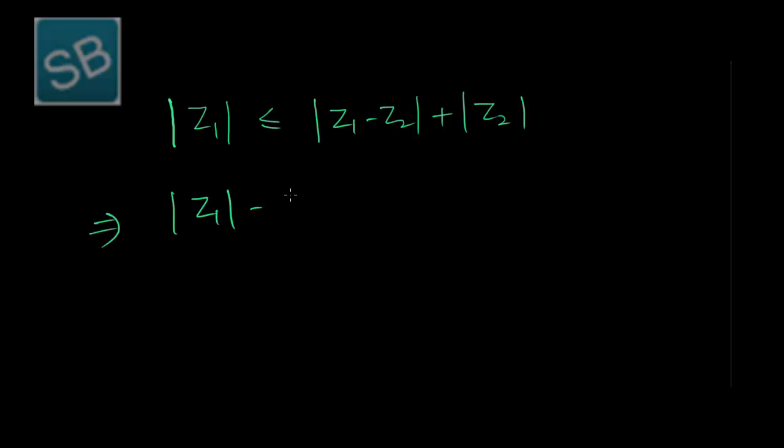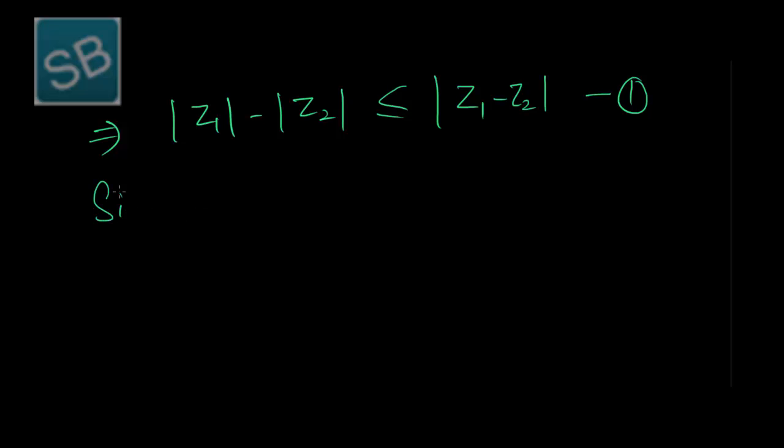So from property 9, we have |Z1| is less than or equal to |Z1 − Z2| + |Z2|, by taking this as one complex number. So that implies |Z1| − |Z2| is less than or equal to |Z1 − Z2|. That is number 1.